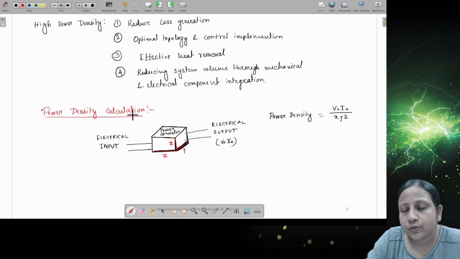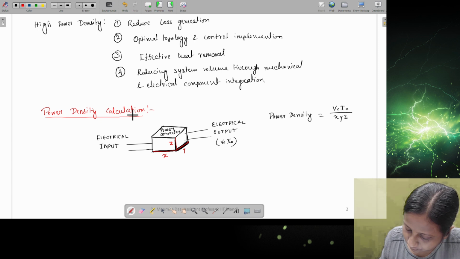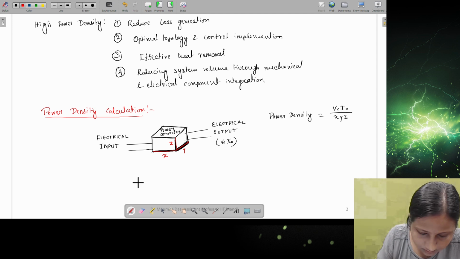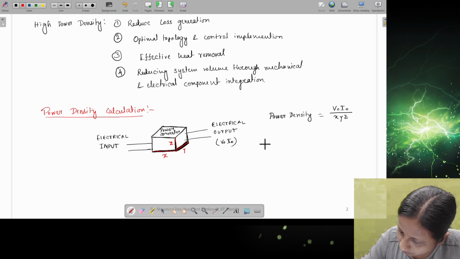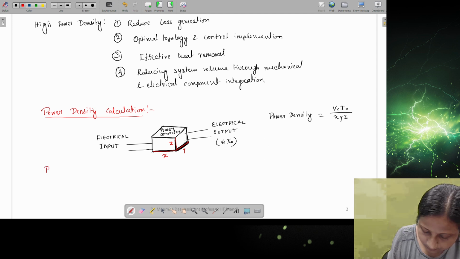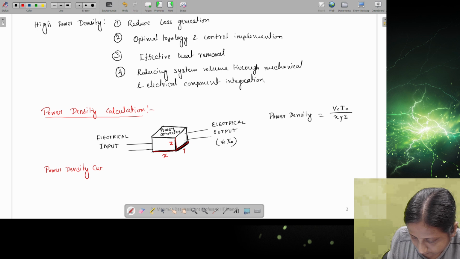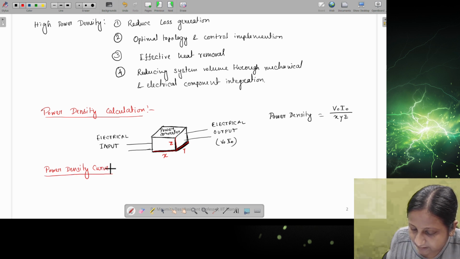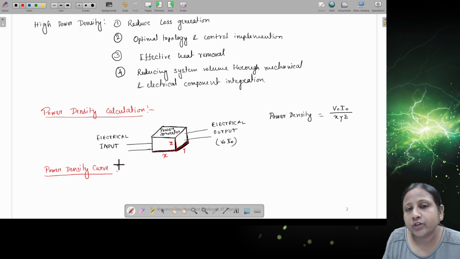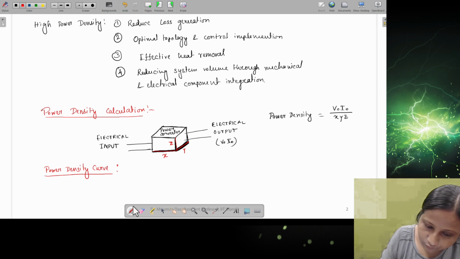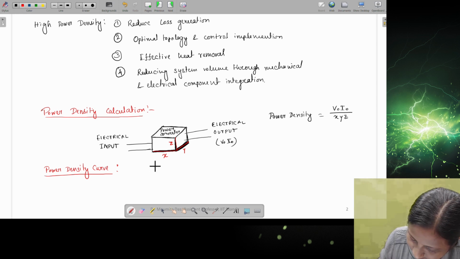Now if I represent this power density in a graph, let me just draw the graph of this. There are actually three different factors which we need to consider, right?